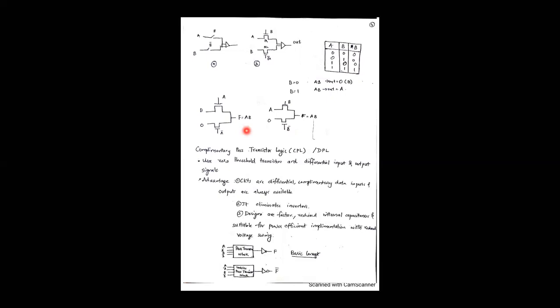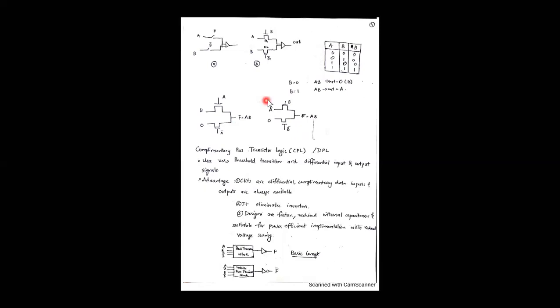Now another version of pass transistor logic is called complementary pass transistor logic or differential pass transistor logic. It uses a zero threshold transistor and differential input and output signals. So the advantages are the circuit is differential, so the complementary data inputs and outputs are available.